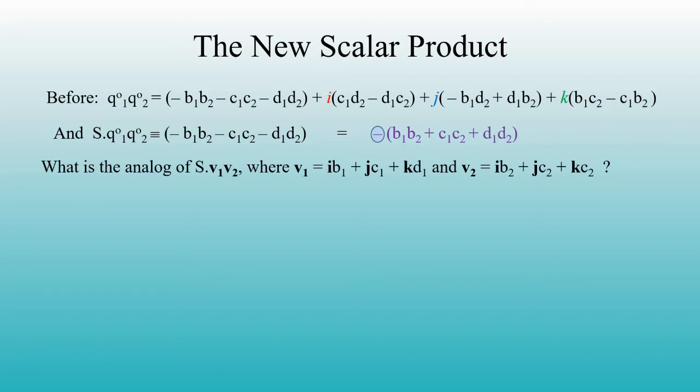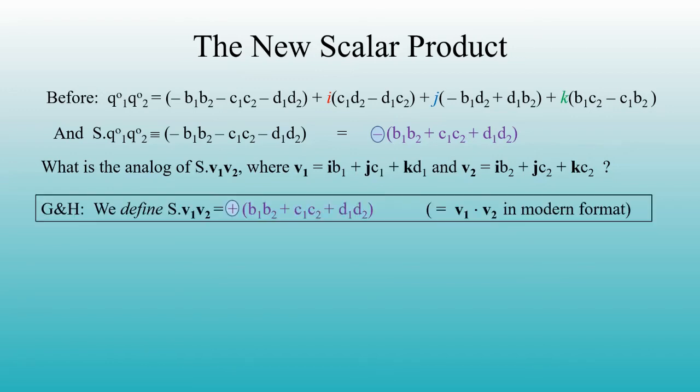Gibbs and Heaviside simply defined the scalar part of these two vectors as the same as Hamilton's definition, with the exception that the minus sign is replaced with a plus sign. Just 3 terms, not 9, so no cross terms. Today we recognize this as the vector dot product. Both Gibbs and Heaviside completely understood that it was not sufficient to simply define the scalar product.